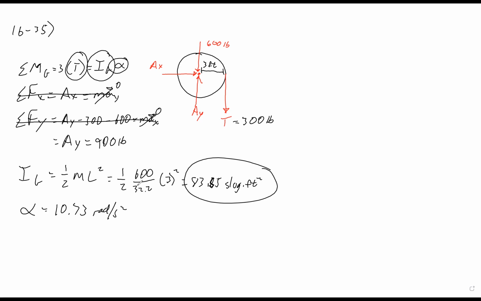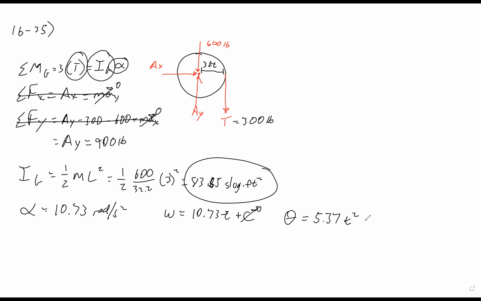Well, we can integrate the alpha into an omega. So that would end up being omega is equal to 10.73 t plus c, and this object starts at rest, so c is equal to 0. And then we integrate again, and we'll get theta is equal to basically 5.37, I'm just rounding here, t squared.